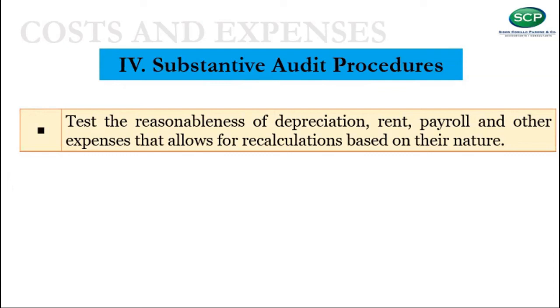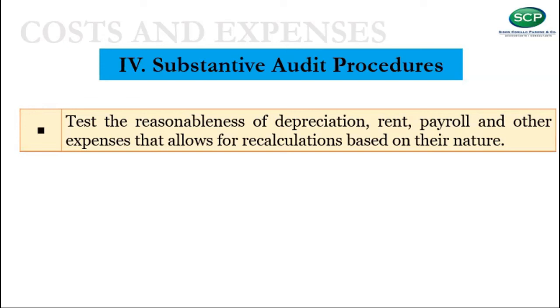In this regard, instead of examining source documents, we can consider testing for the reasonableness of the amount recorded in the books. So test of reasonableness is an auditing technique that seeks to validate accounting events or transactions through recalculations and expectations. Others call this test of reasonableness predictive testing.